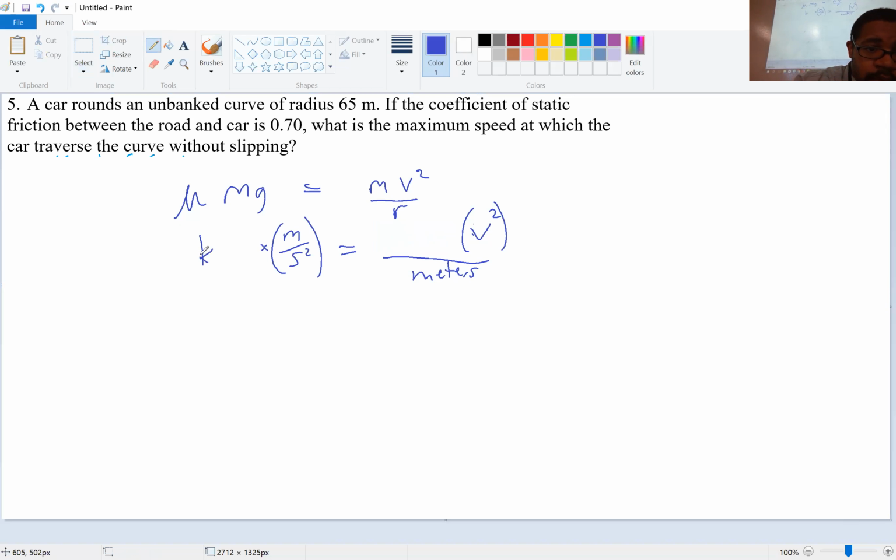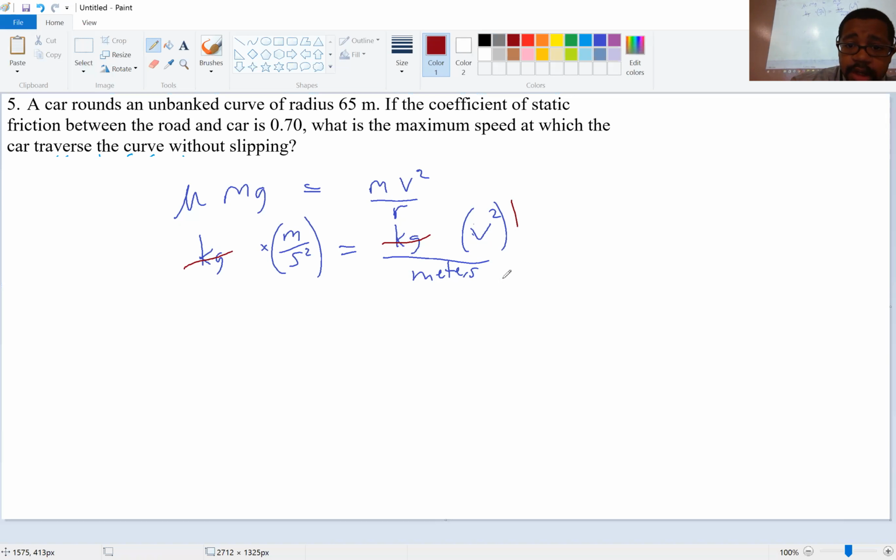Kilograms. As it turns out, it doesn't really matter because those cancel out anyway. But we needed this to be in newtons. So that's why you have the kilograms times meters per second squared.